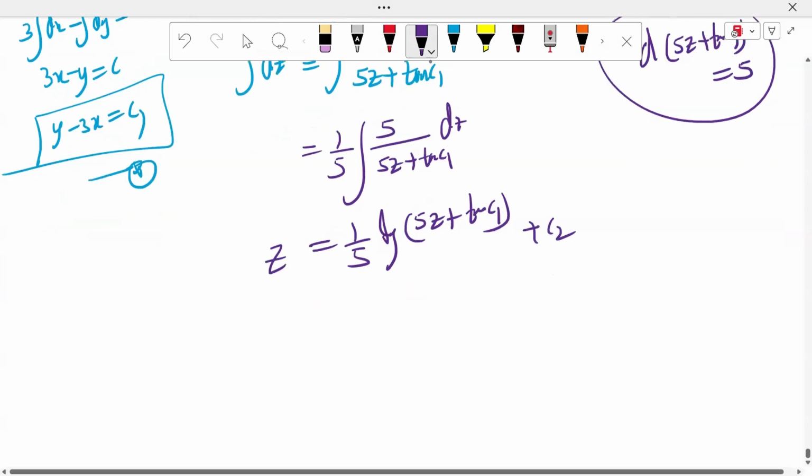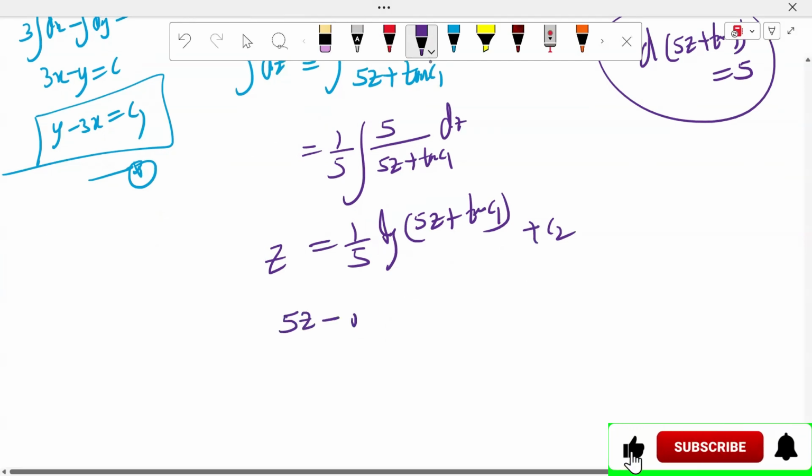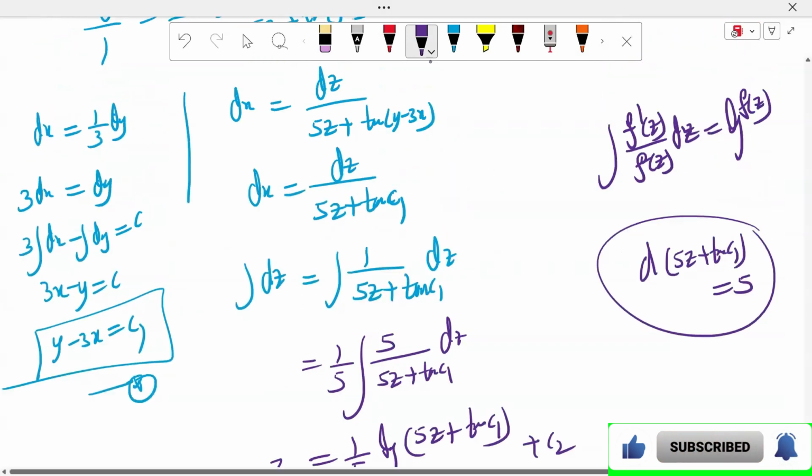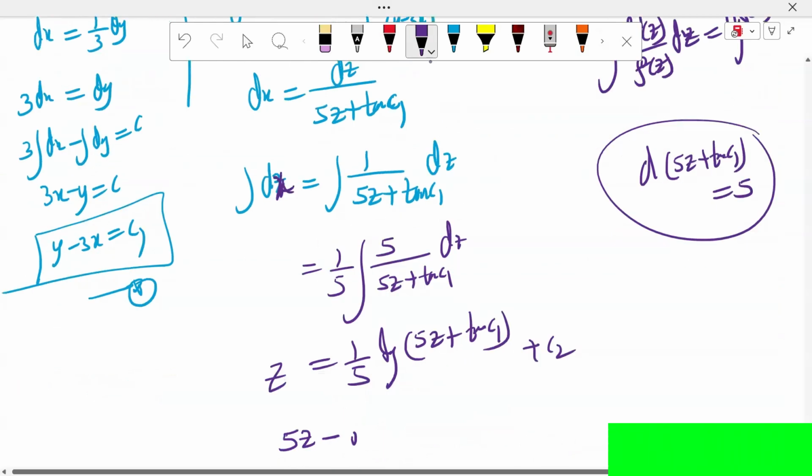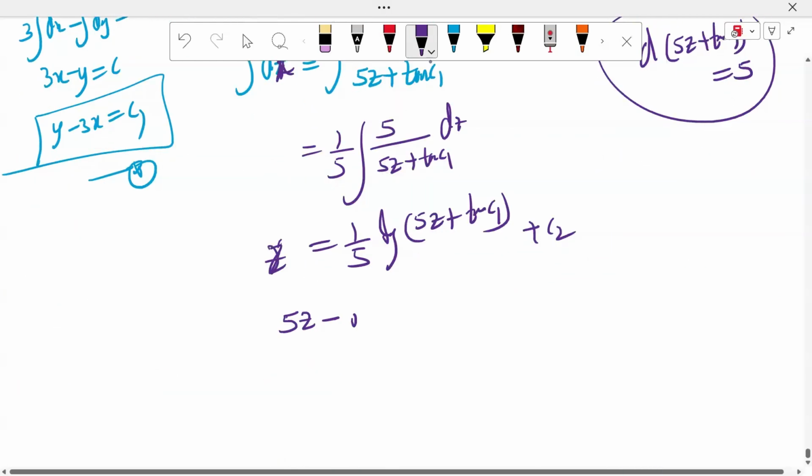Here finally we got, for example, z is equal, it is dx, sir. So it is nothing but x is equal to 1 by 5 logarithm of 5z plus tan c1 plus c2, that is, 5x minus logarithm of 5z plus tan c1 is equal to c2.